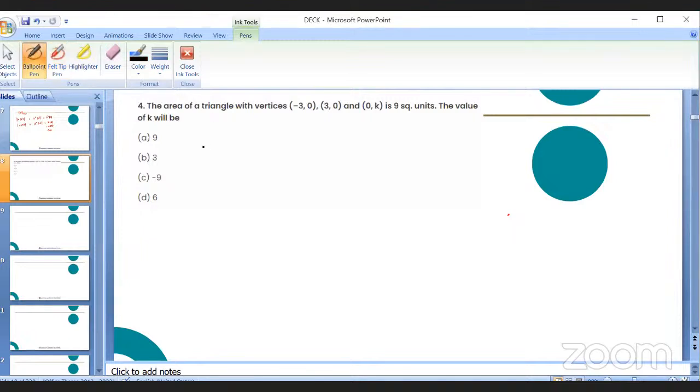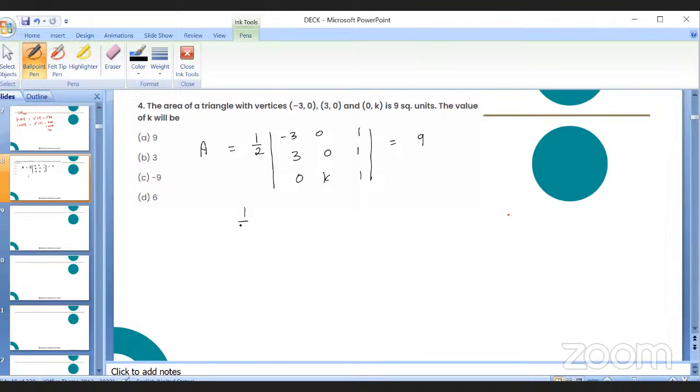What is the area of the triangle formula? 1/2 into determinant of the matrix with rows -3, 0, 1; 3, 0, 1; 0, K, 1. But already they gave you area is 9.